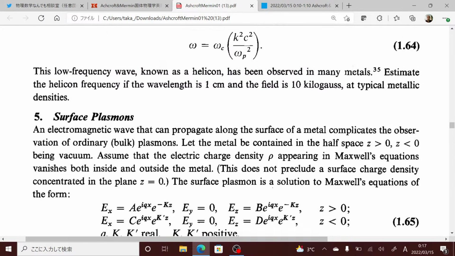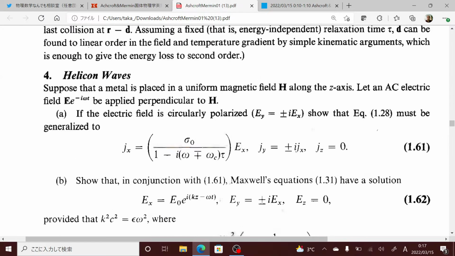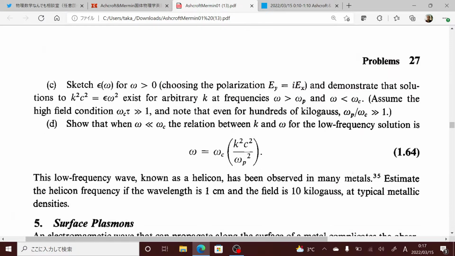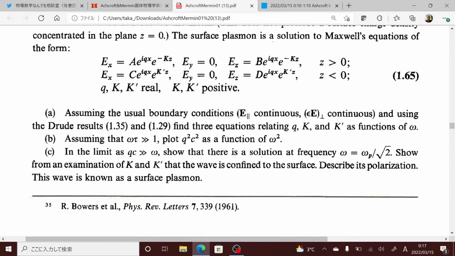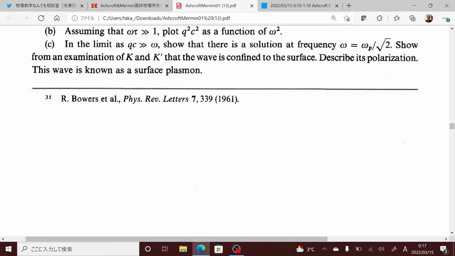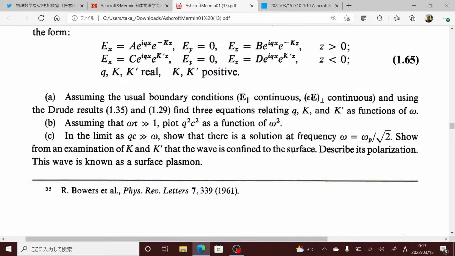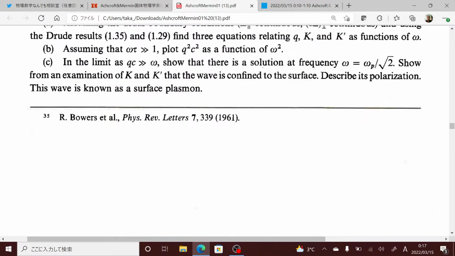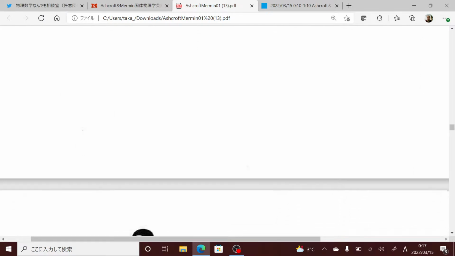But I think these topics, like problem number 4 and problem number 5, should be studied separately in more depth.